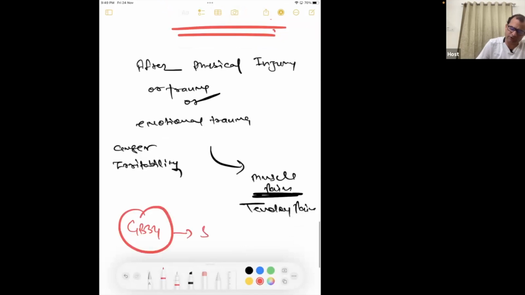Gallbladder 34 will spread the liver chi in muscle and tendon.